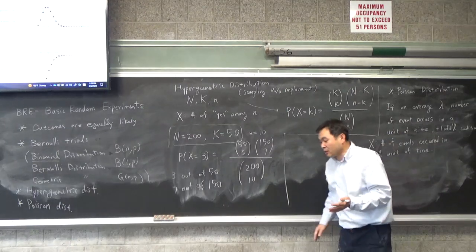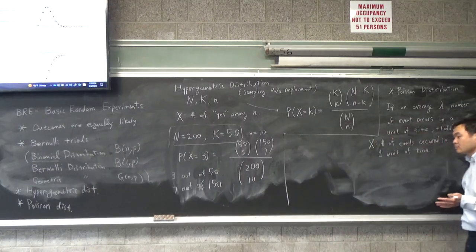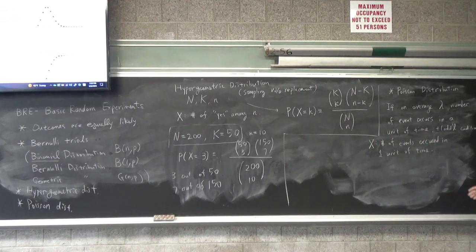Another example: there is a bridge where the number of cars that pass through every hour is something like 150 on average. Does that mean at every hour it's exactly 150? No, sometimes it will be above 150, sometimes below, and you may have to model that situation.